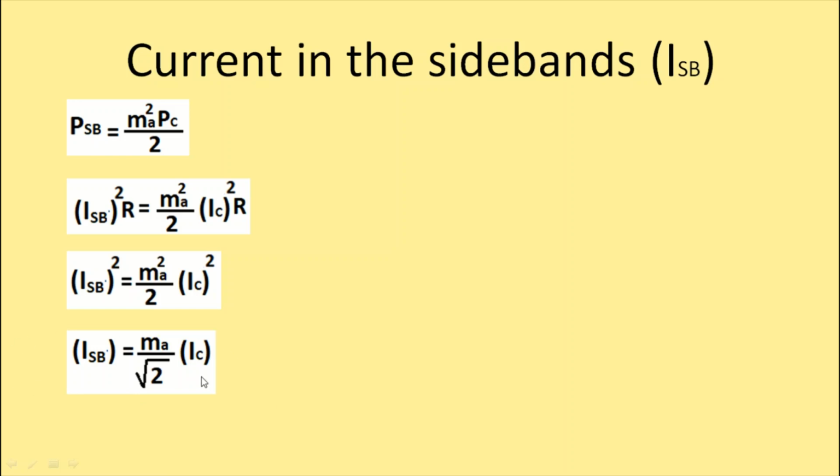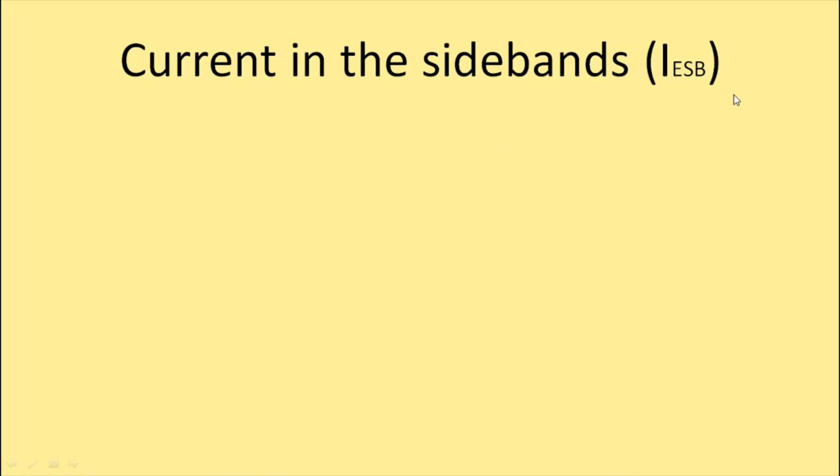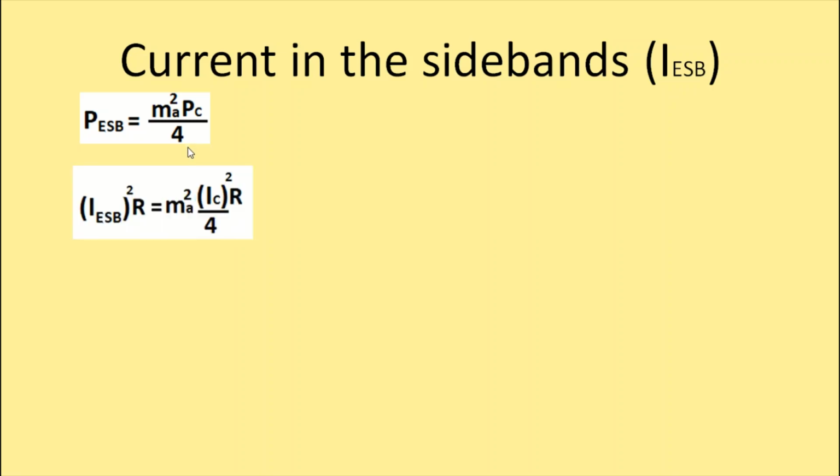Moving to the next current relation, that is current in each of these sidebands. So I have substituted this ISB by IESB now, current in each of the sidebands. So here I have PESB equal to MA square PC by 4, the equation that we derived before. In this, I am using the I and R relation for P. So PESB becomes equal to IESB square into R, where IESB is the current in each of the sidebands.